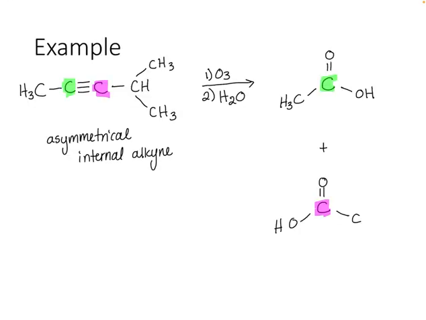Okay, so then the group off to the side stays the same, so we'll just redraw that. All right, so we've got two carboxylic acids. Easy peasy. All right, so if you have an internal alkyne, that's going to give two carboxylic acids. But if you have a terminal alkyne, like we saw on the last slide, that actually will give you a carboxylic acid and carbon dioxide.